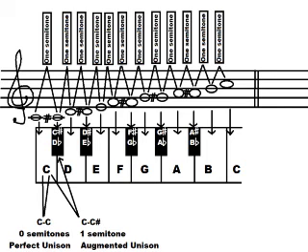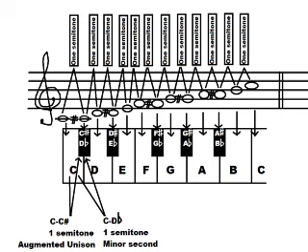Anything you name it is what it becomes. We can say that this is C to D flat. C to D flat and C to C sharp are not the same thing. C to C sharp is still a unison with an extra semitone, so it's an augmented unison.